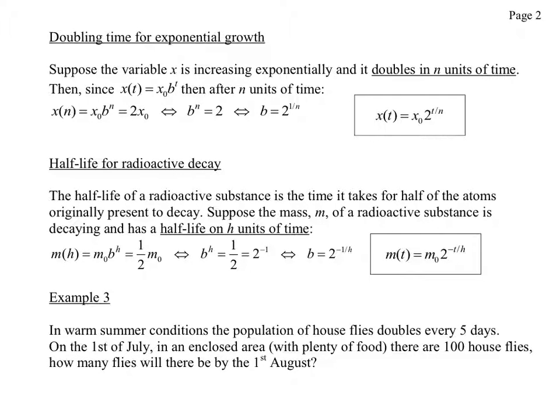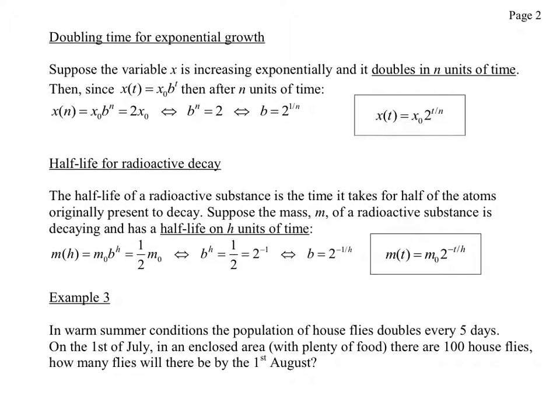Now at the top of page 2 there are some quite difficult looking equations. What it amounts to in the end is if you have something that takes, for example, 10 years to double, then your function should look like the initial amount multiplied by 2 to the power of however many years you're going on for, divided by 10.